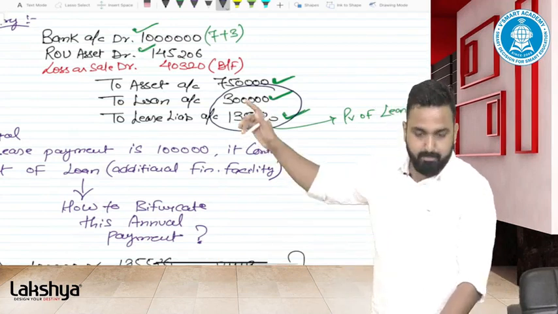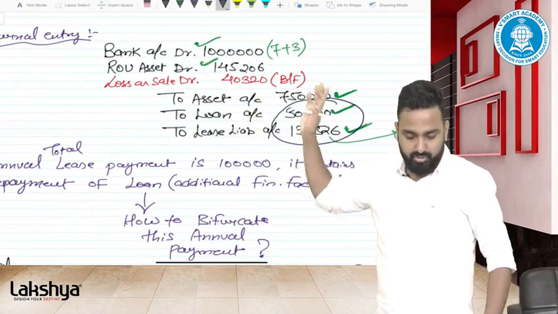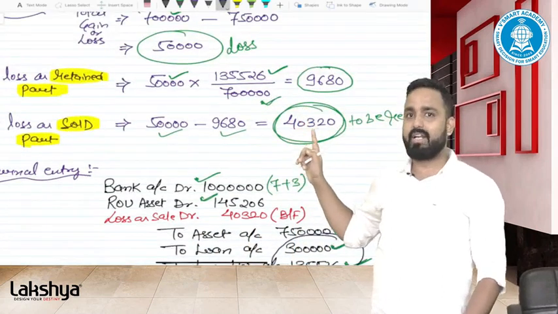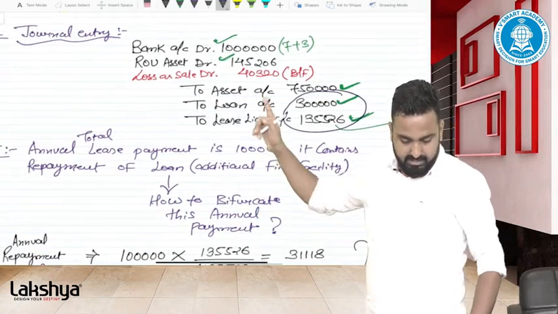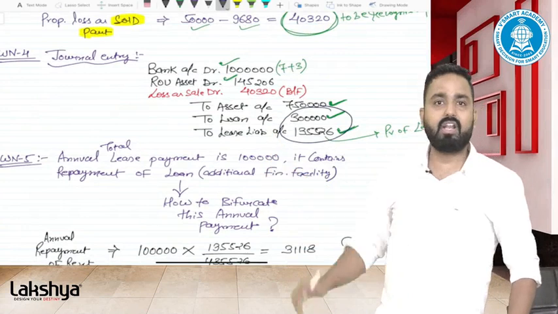Okay? So now the balancing figure would be loss on sale, 40320, and what we have calculated is correct. This is the journal entry.